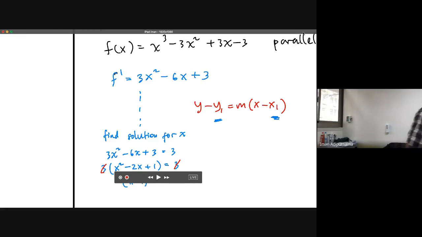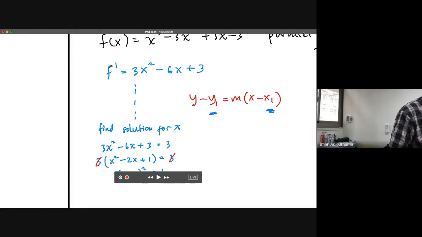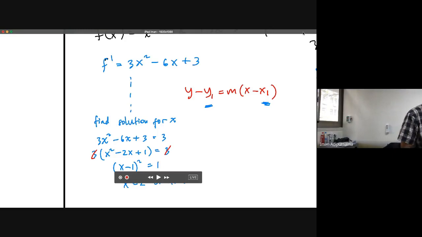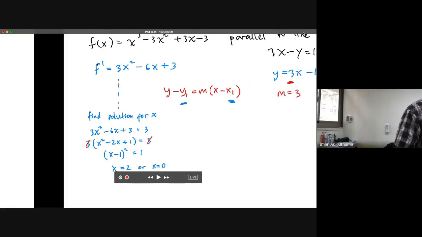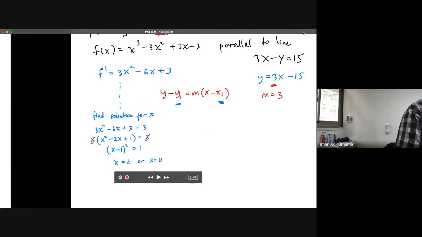You fine? So you have x is 2 or x is 0. Try these two in our curve, so find f(2) and f(0). This is your y. Check your y, and then you will have two equations from here.